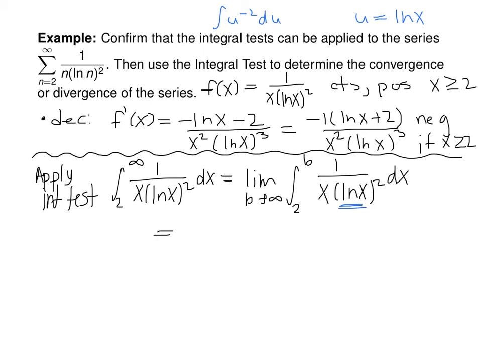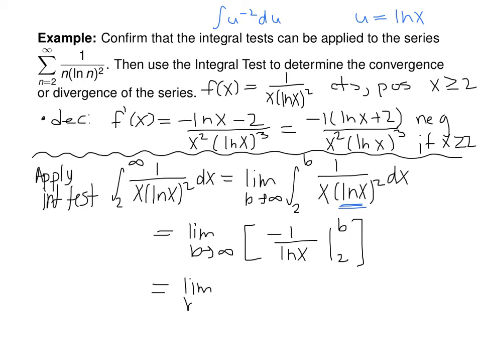So once we integrate the u to the negative 2, we have the limit as b goes to infinity. The antiderivative of 1 over x times ln x squared will be negative 1 over ln of x, evaluated from 2 to b.